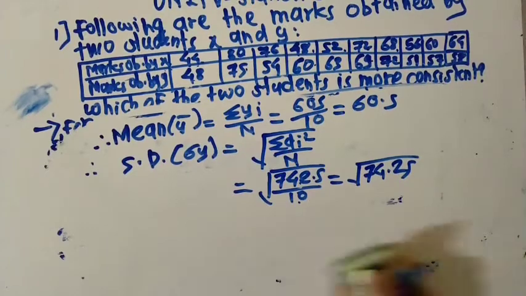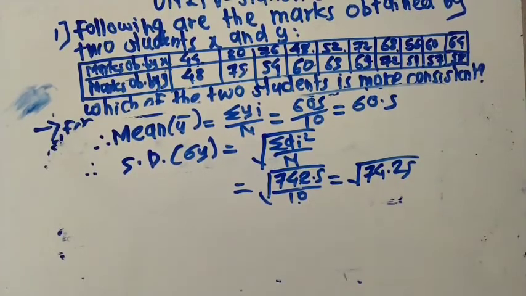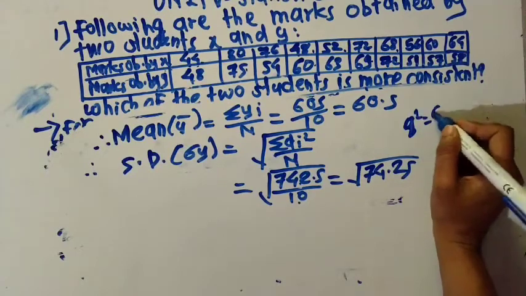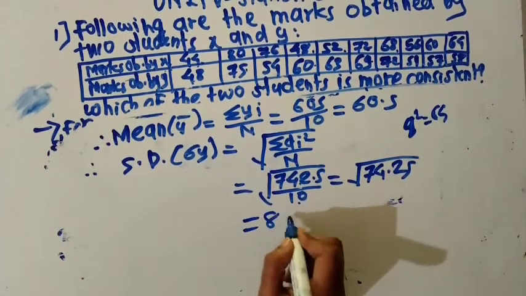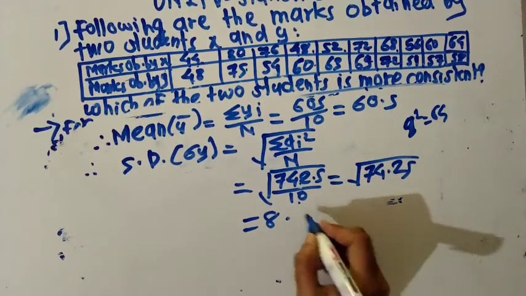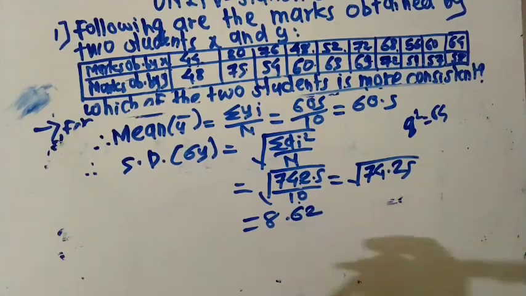It is the square root of 74.25; 8 square is 64, so 8 point something, so 8.62.